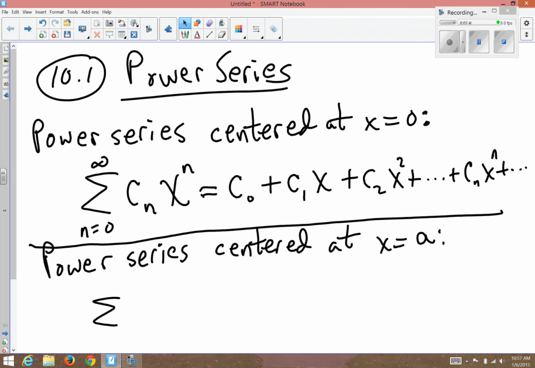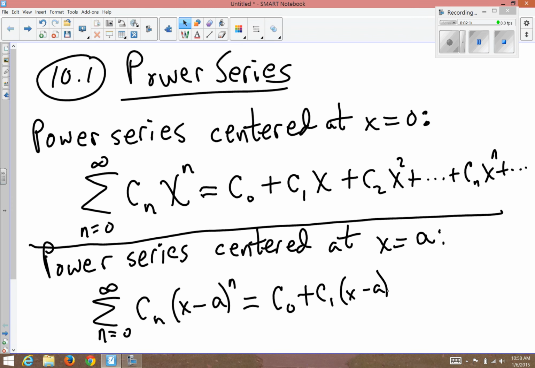Sigma c sub n times the quantity x minus a to the nth power and going from 0 to infinity, which means c sub 0 times x minus a to the 0 plus c sub 1 times x minus a to the first power plus c sub 2 times x minus a to the second power plus etc. c sub n times x minus a to the nth power plus and so on.